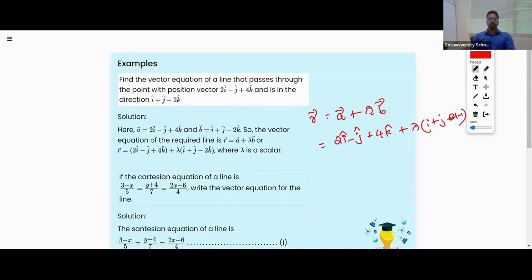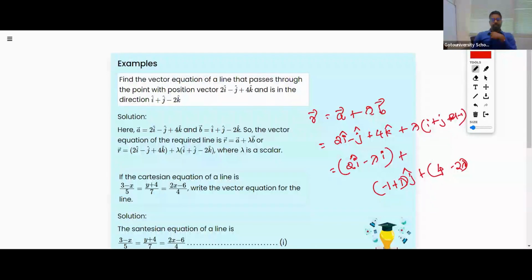So what happens to this is we end up with (2 minus lambda) i, plus (minus 1 plus lambda) j, plus (4 minus 2 lambda) k.